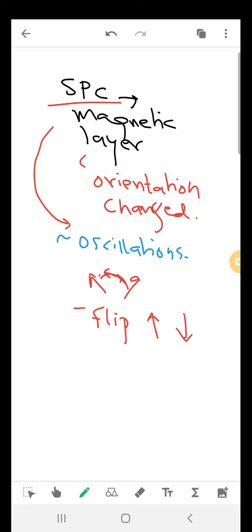That is actually the spin transfer torque. The spin is being transferred into a torque, and this is very much used in magnetic random access memory, in what is called STT RAM.